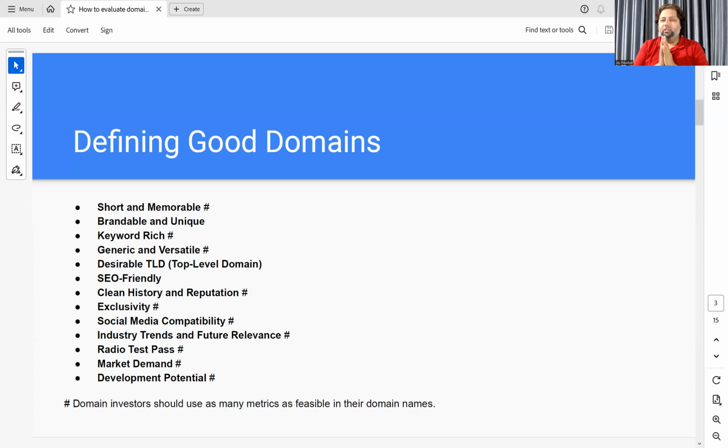And now you tell me which domain has the potential for outbound, which is the number one domain which has great potential for outbound.